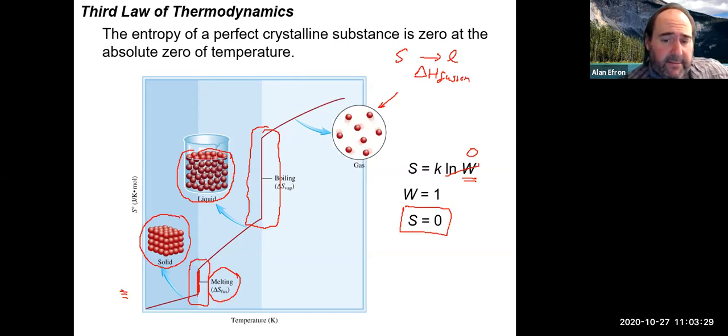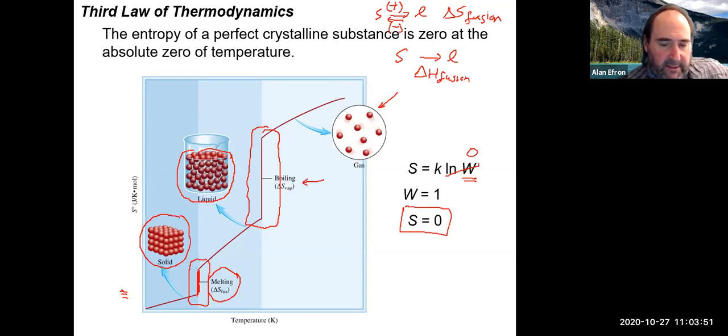And it describes the entropy change that occurs as you go from solid to liquid or backwards. And that's the delta S of fusion. And same as we've been talking about, if you're going from solid to liquid, you're creating more disorder, more positive number, more negative if you're going the opposite direction.